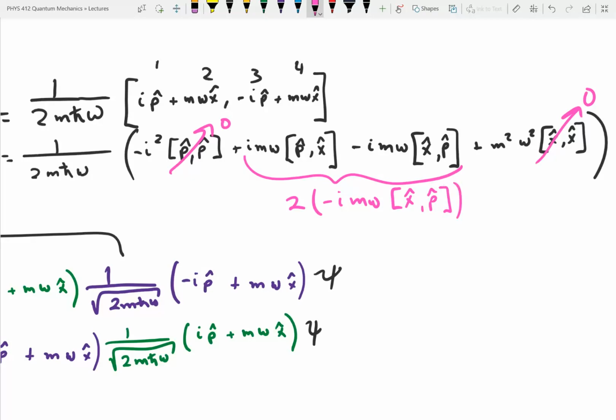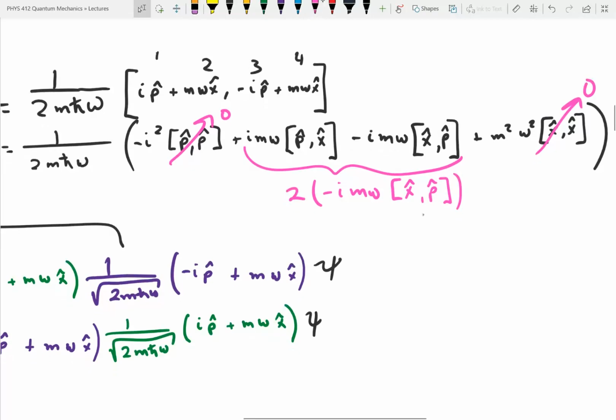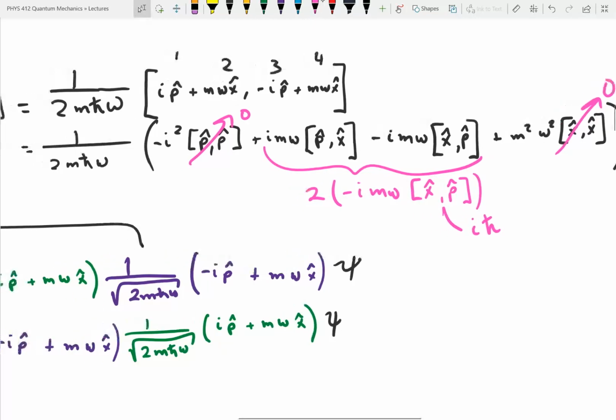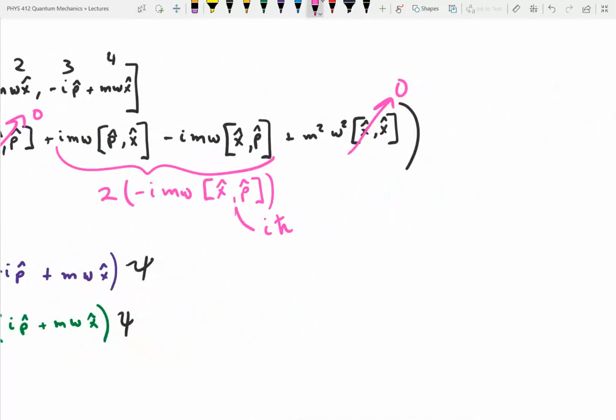But if you look in the textbook, or if you go back to where we did it, x hat p hat was i h bar. And so putting all of this together, there's the thing that was out front, and then the thing in parentheses is.